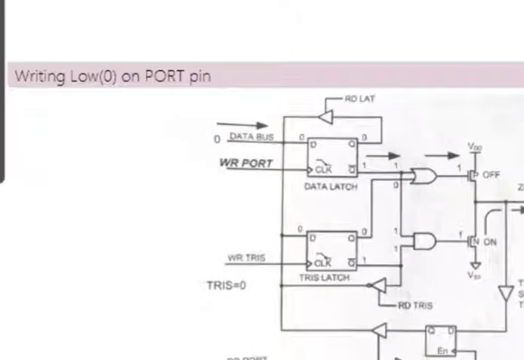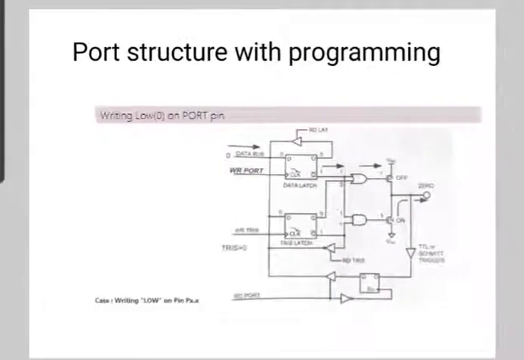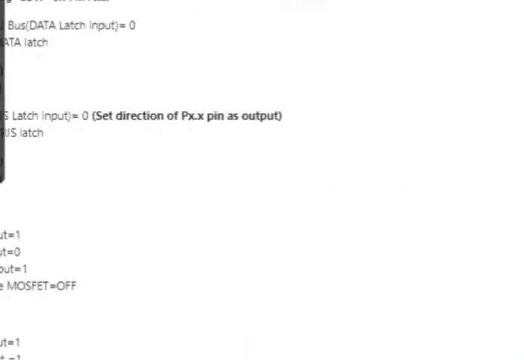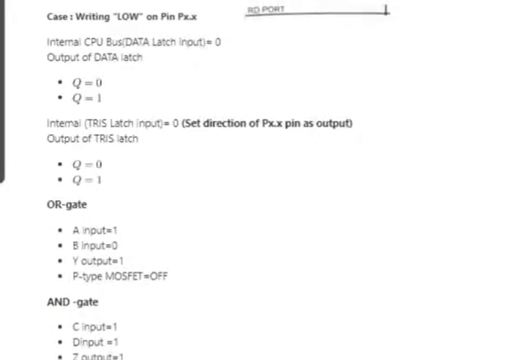Now this diagram shows writing low, that is 0, on port pins. So the first case is writing low on a pin. Here the code for this case is given. The internal CPU bus data latch output, that is Q0 and Q1.